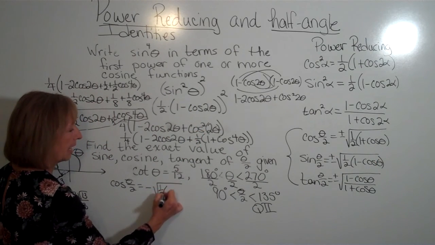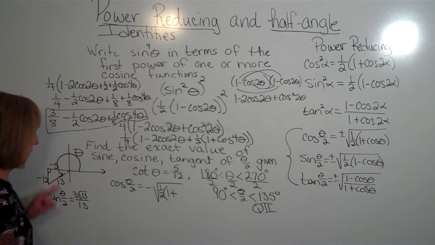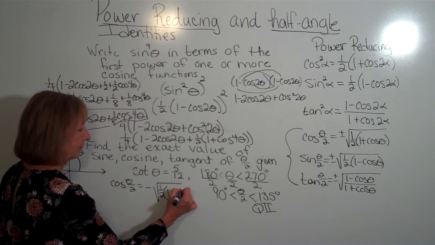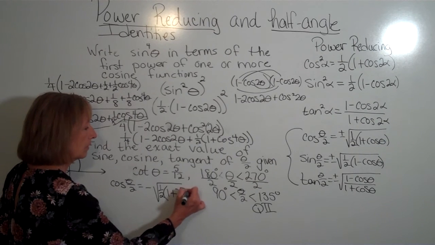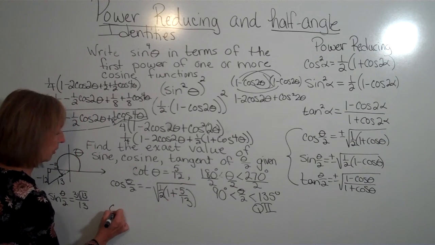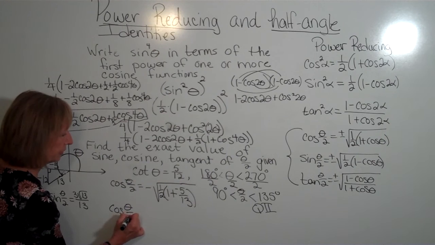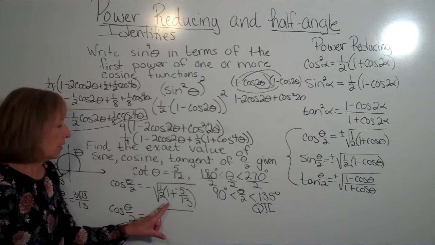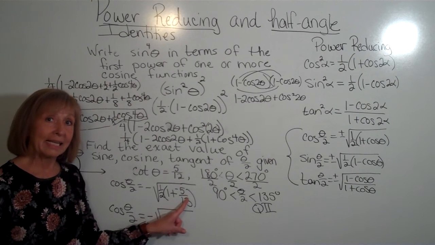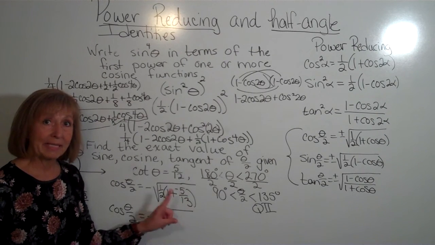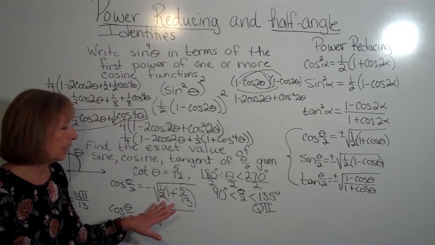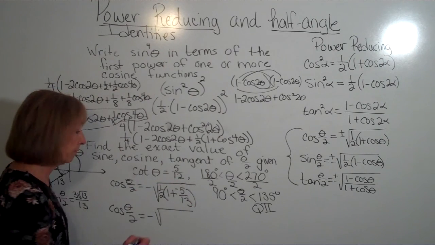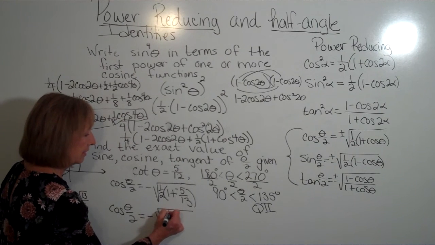So 1/2 times 1 plus, and my cosine of theta is negative 5/13. So now we have our cosine of theta over 2 is equal to negative the square root of, well, 13/13 plus a negative 5/13 is going to give me 8/13. And 1/2 of 8/13 will give me 4/13 underneath the radical.